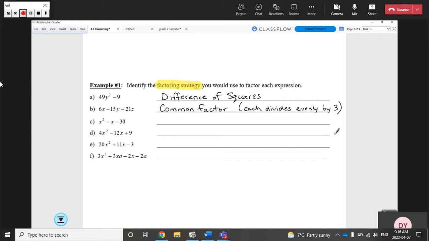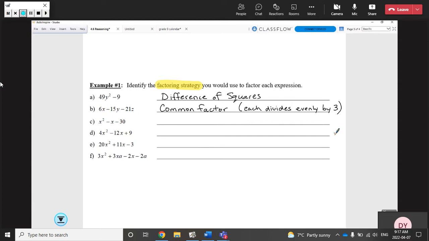Alrighty. How about this third one here, C? We've got x squared minus x minus 30. What type of quadratic expression is this? It's 3 terms, so what are the 2 things that maybe come to our mind? It's either going to be the simple factoring, the short factoring, or the complex factoring, the long factoring. So which one is it? And how do you know?